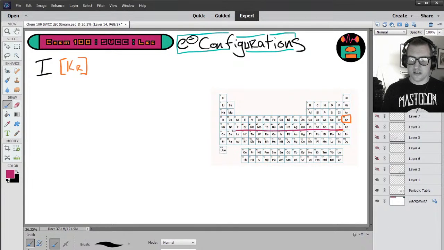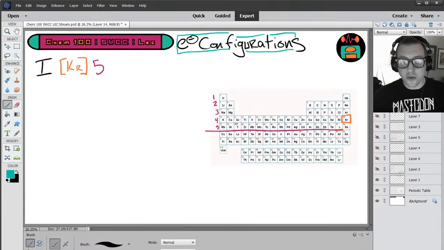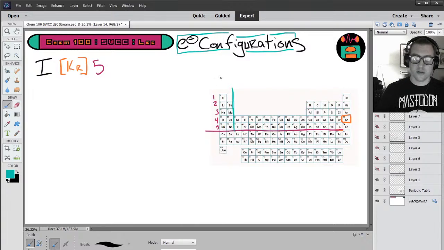Next we look at the period that iodine falls on. It's on the 5th period. You'll notice we've got the S and the P blocks both in play, but we've got to travel through the D block.